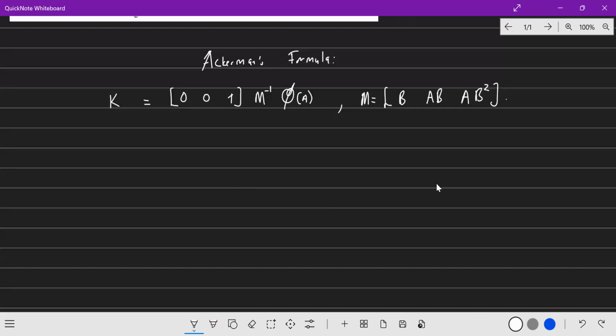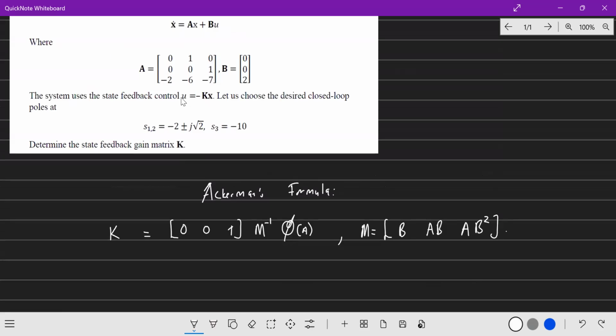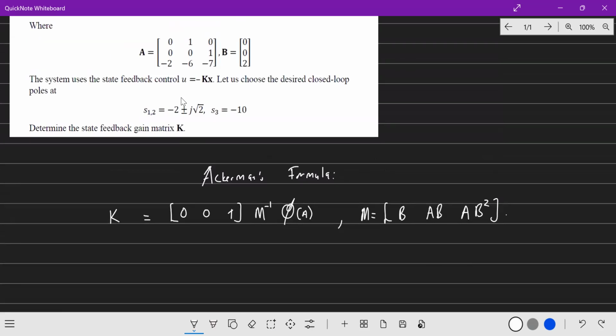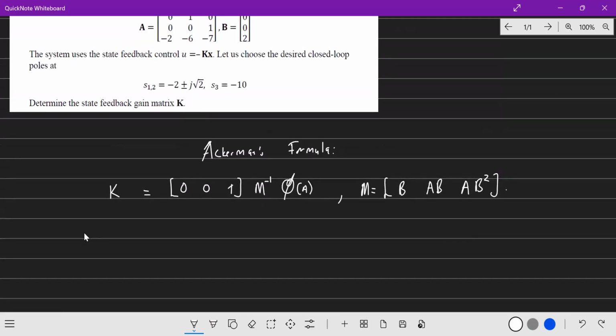All right, so let's start. First of all, when you do the pole placement method, you have to check the system is controllable. So let's find the controllability matrix. M is equal to B, AB, and then A squared B.